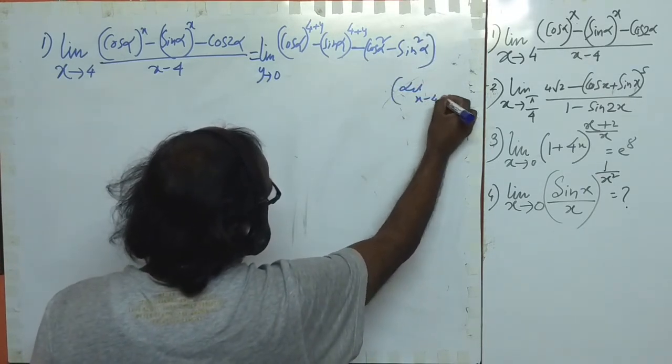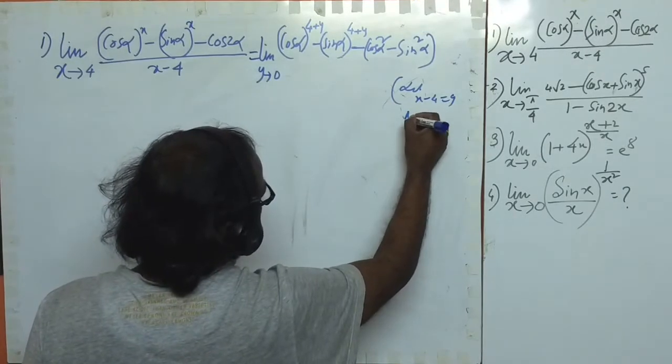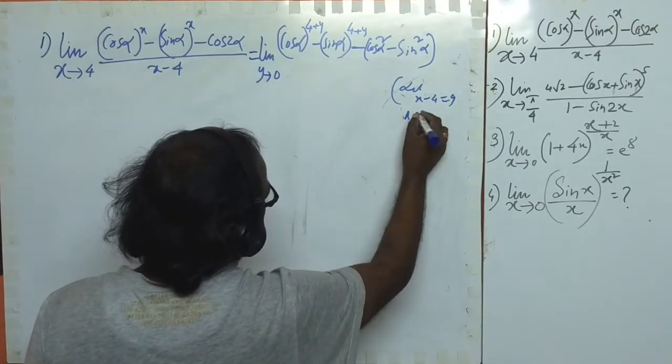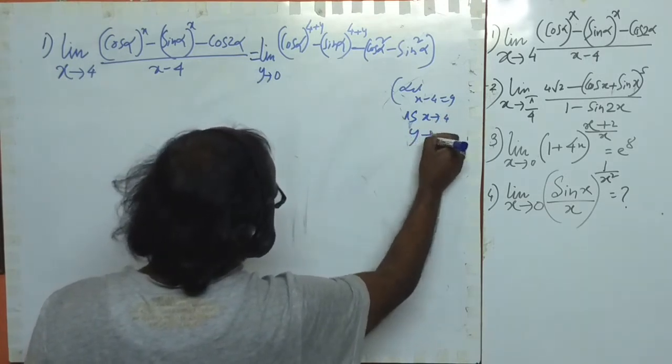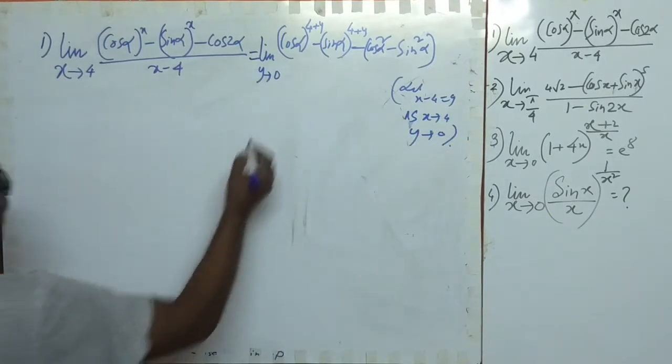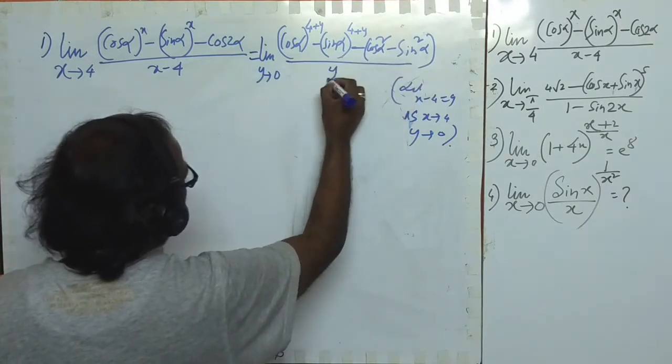x minus 4 is equal to y, as x tends to 4, then y tends to 0 here, and the denominator is y.